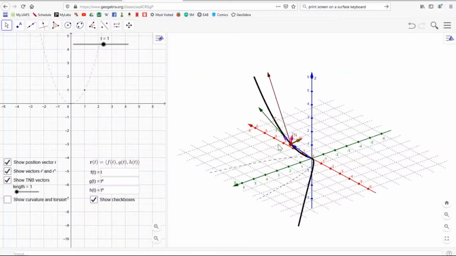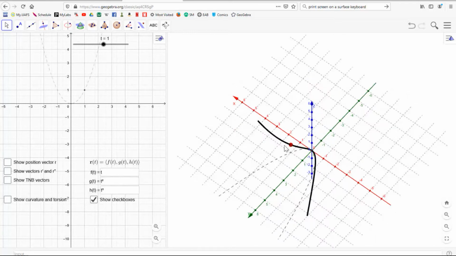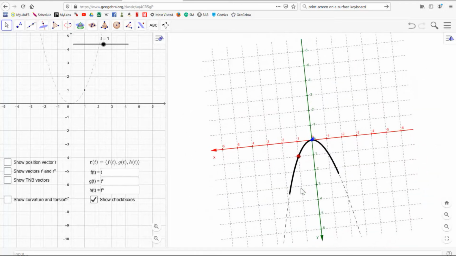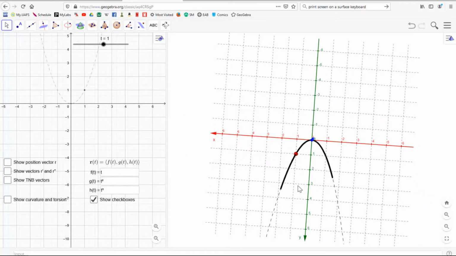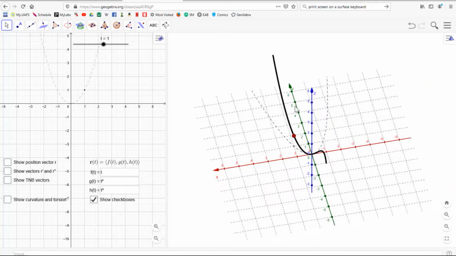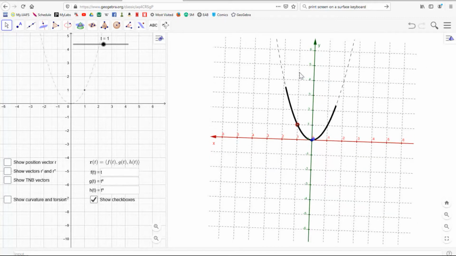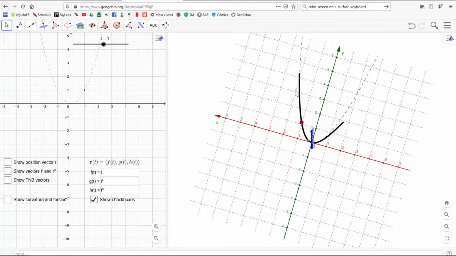So here is the curve. Let me turn some of these things off. You can turn them on and off with these check marks here. And here is the curve itself, and you can take a look and see what that looks like. If you look at it from straight above, it's actually a, well, let's see, let's turn it around. If I can get it going the right way, almost there.